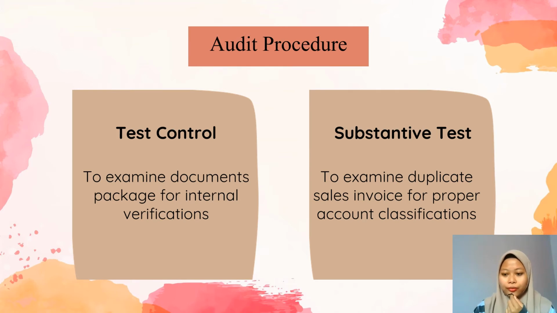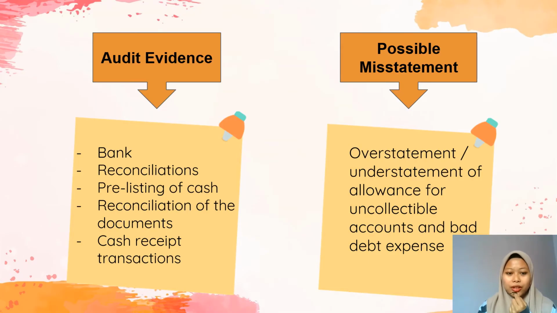Audit evidence is bank reconciliations, pre-listing of cash, reconciliation of the documents, and cash receipt transactions. For possible misstatement, for classification it is overstatement or understatement of allowance for uncollectible accounts and bad debt expenses.